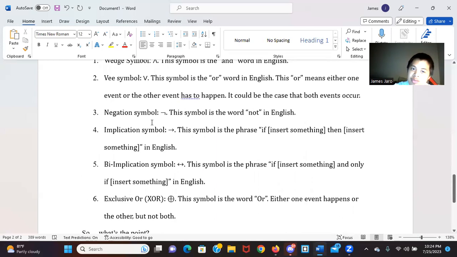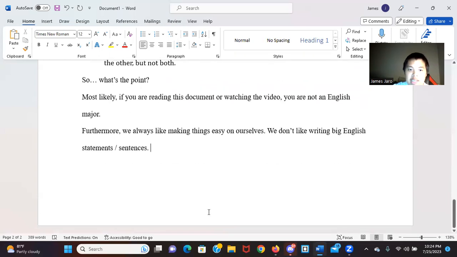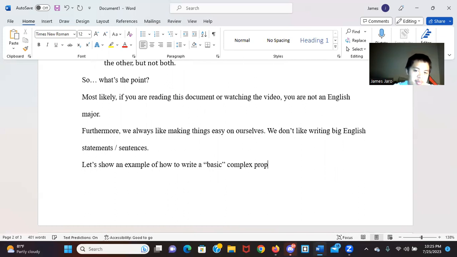And that's what connectives and propositions really help out with. So let's show an example of how to write a basic, in quotations, basic complex proposition.